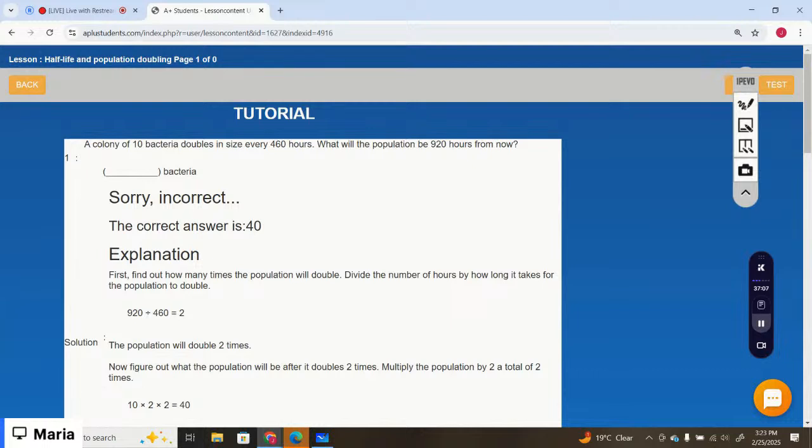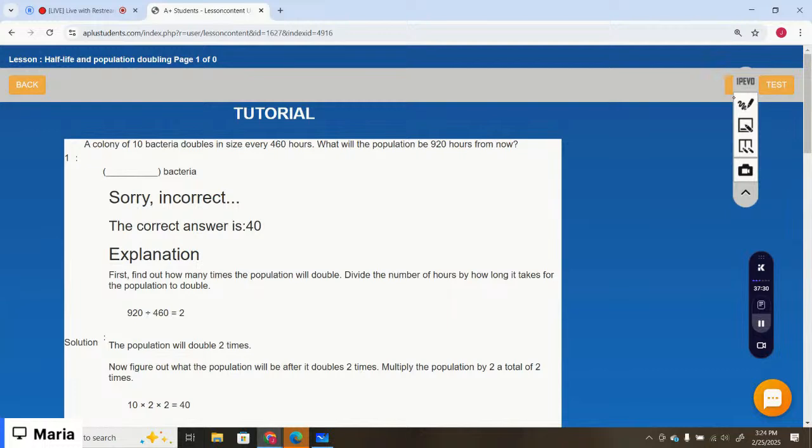You have to calculate how much bacteria there are after 920 hours. So first you have to see how many times they double in 920 hours. So divide 920 by 460 because it doubles after every 460 hours.